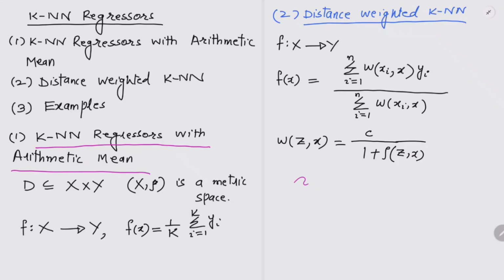Similarly, you can also use another weight, which is written as e raised to the power minus c times rho of z and x, squared. So this is called distance weighted KNN.